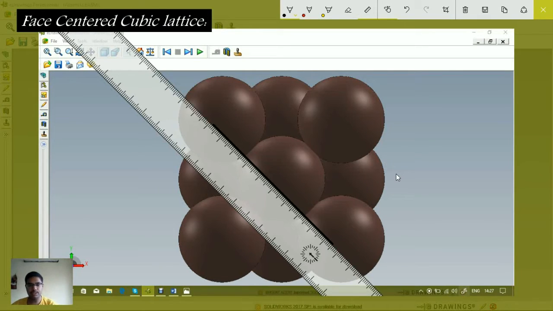So 4 radii, that is 2 from each of the corners, and the whole diameter from the center of the face, is taken, and using Pythagoras theorem we get that 4 times R is root 2 times L, as said before.